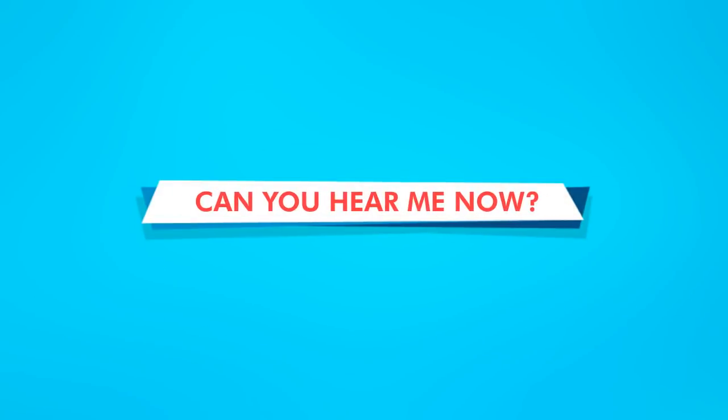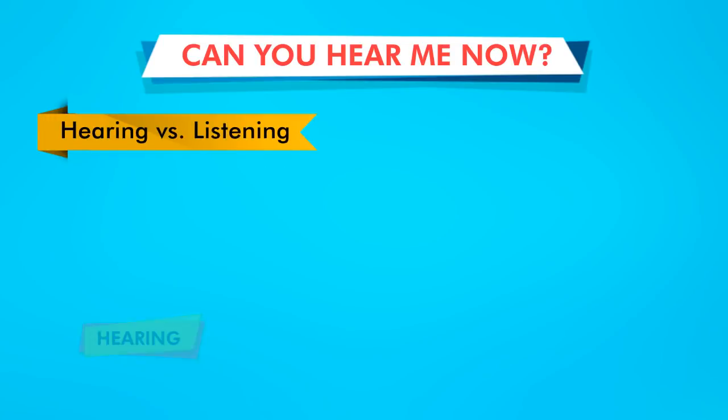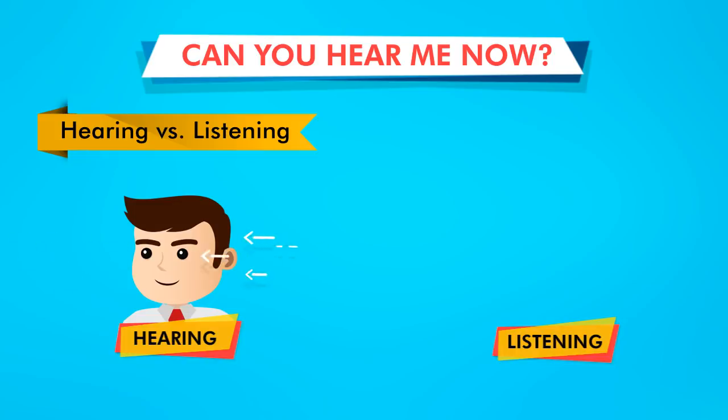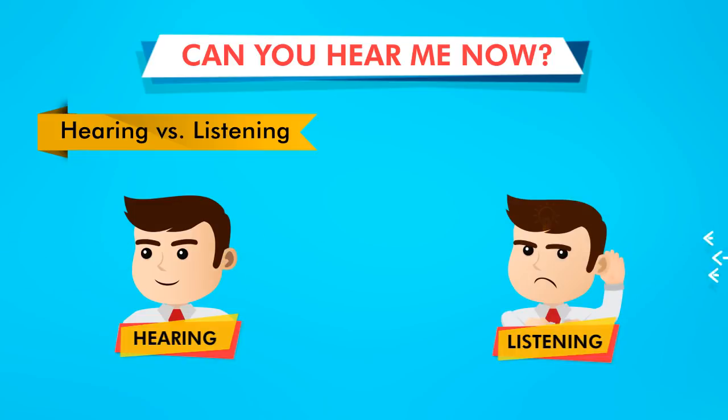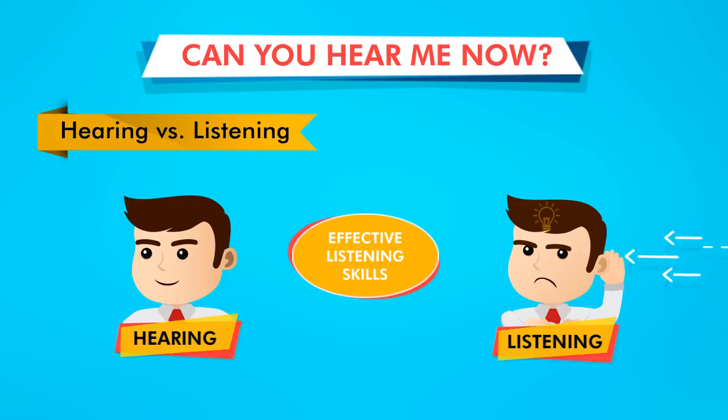Here's where the communication process starts to get tricky. We all know that there is a major difference between hearing and listening. We can use either one of these during the communication process, but it is only those individuals who use effective listening skills when communicating that will be able to check for understanding during the exchange.